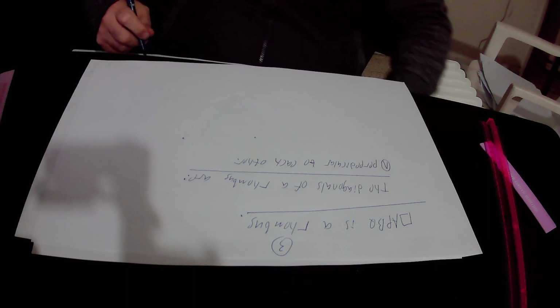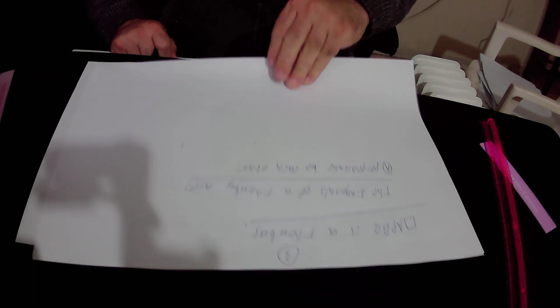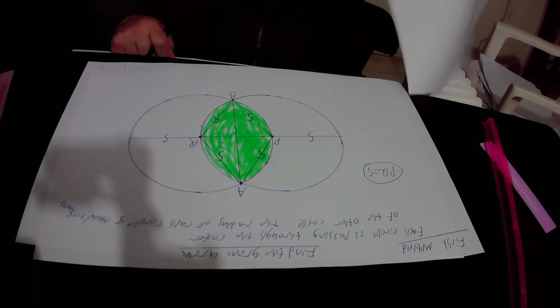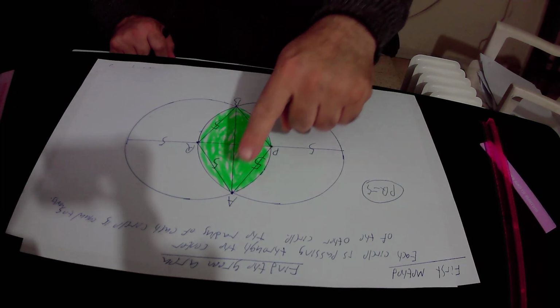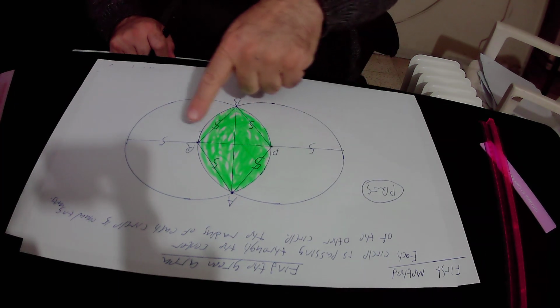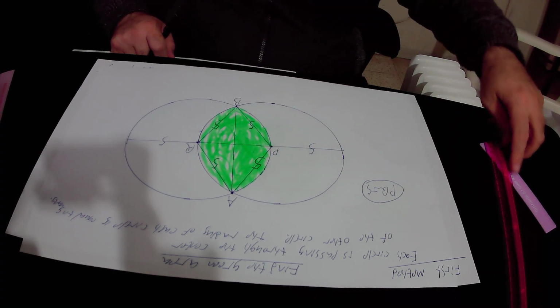I repeat again, the diagonals of a rhombus are perpendicular to each other. That is to say, the diagonal AB is perpendicular to PQ and the diagonal PQ is perpendicular to AB.